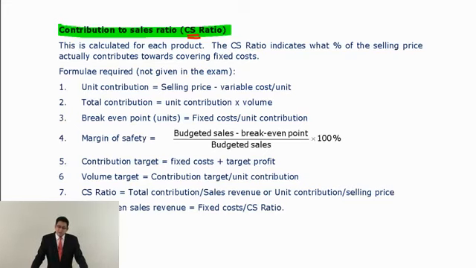The idea is simply how much contribution is generated from a given level of sales. If we sell product A for $100, how much contribution would be generated from this $100? I think everybody knows the meaning of contribution already: it is simply selling price less variable cost.